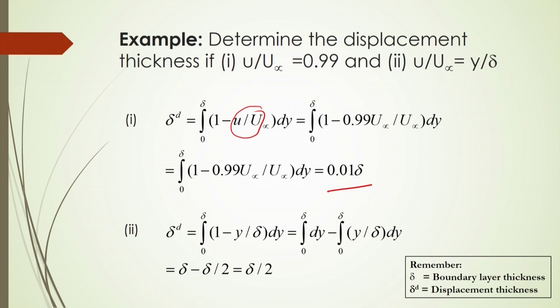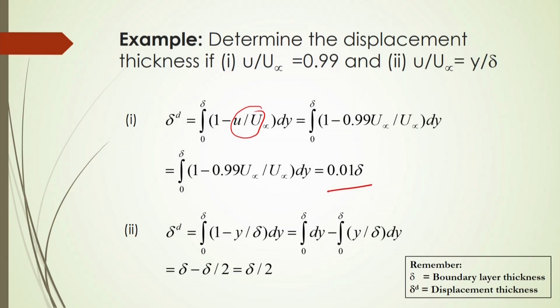So, this displacement thickness will not be exactly the boundary layer thickness. It will actually change according to x, but it may not be the thickness where the velocity reaches the almost uniform free stream velocity.